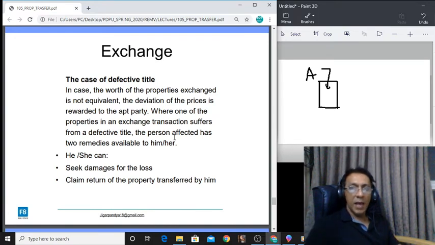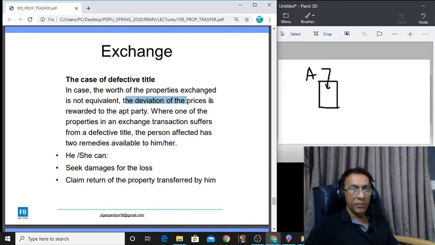Now, what happens if one of the properties has a defective title? Usually it doesn't happen because both the parties are very much aware of the property that is being exchanged. But sometimes it can happen that one of the properties has a defective title. What can happen? Well, in that case, the worth of the properties exchanged is not equivalent.